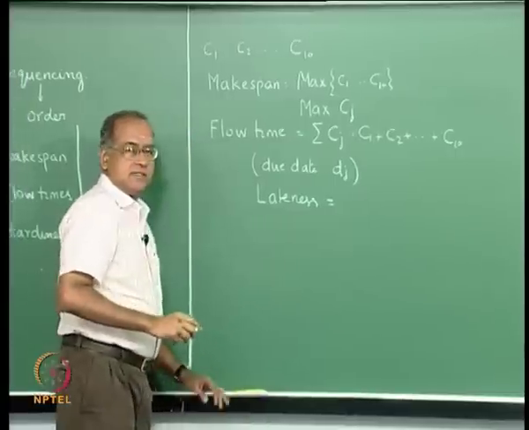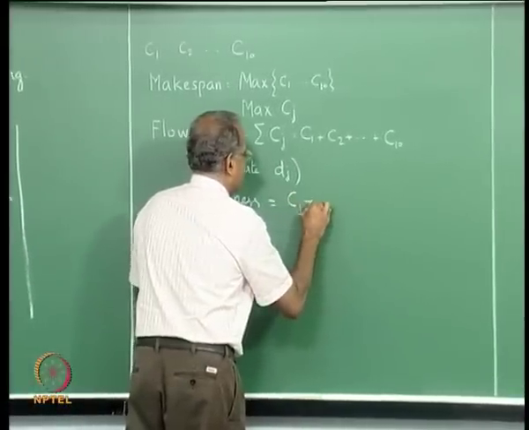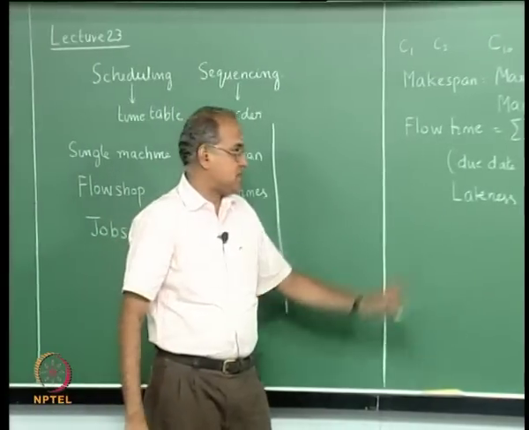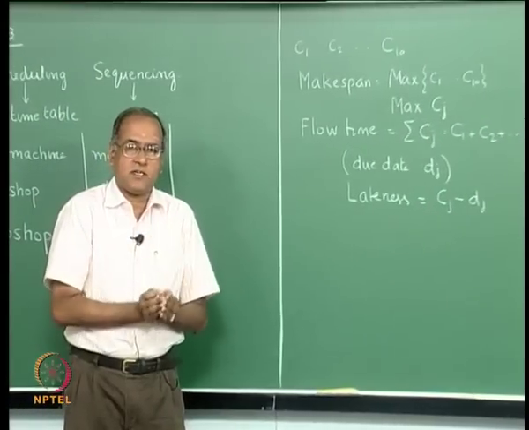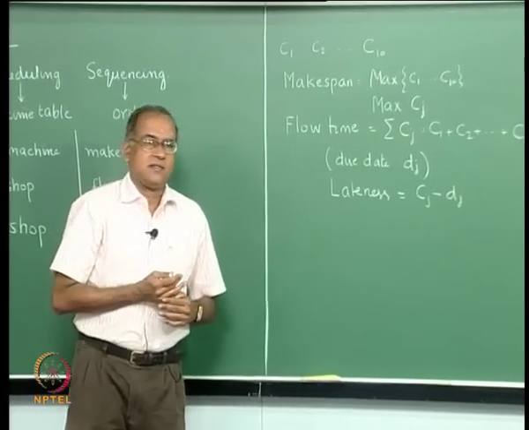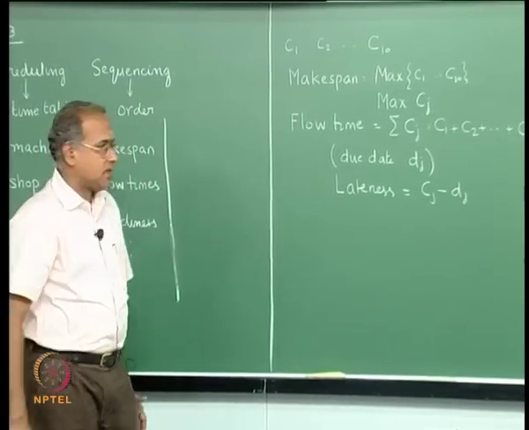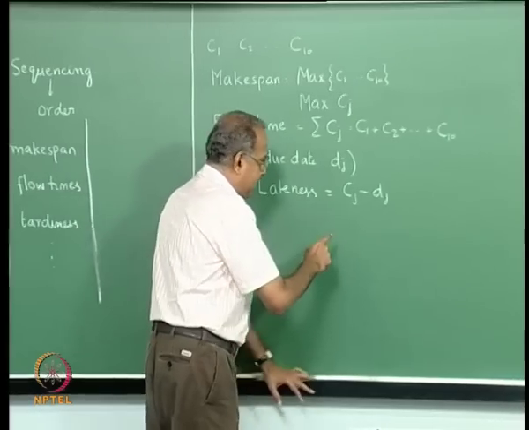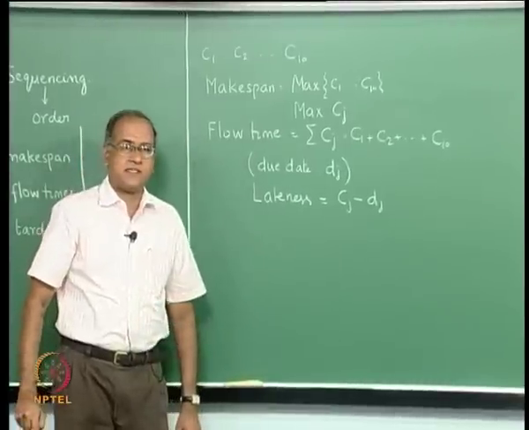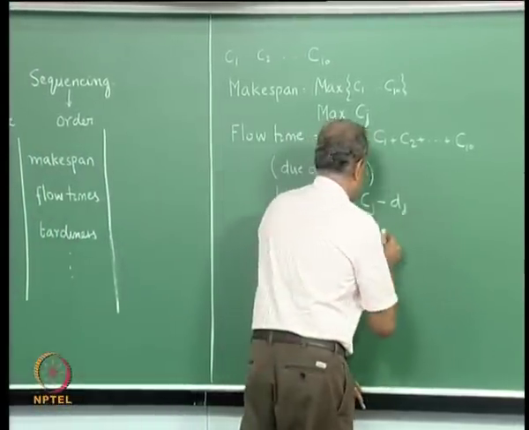So, lateness will be equal to Cj minus Dj. If Cj is the time of completion of job j and Dj is the due date, the lateness is given by Cj minus Dj. When the job is completed ahead of the due date, Cj minus Dj will be negative, and this is called earliness.